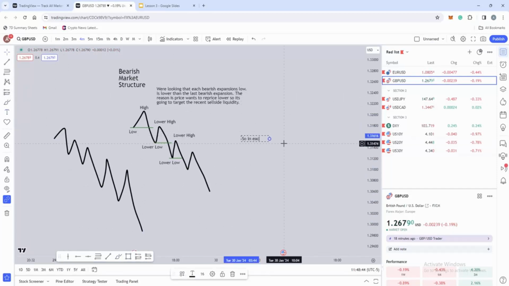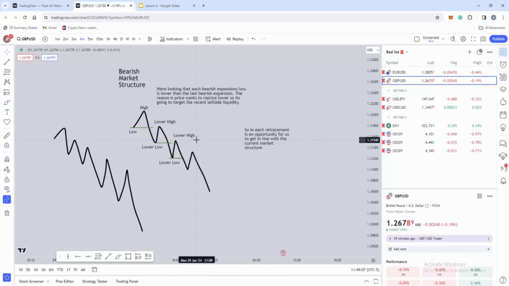So basically each retracement is an opportunity for us to get in line with the current market structure. Because if you think of it, we need to see a low get violated before the idea comes into our head that the market is bearish.